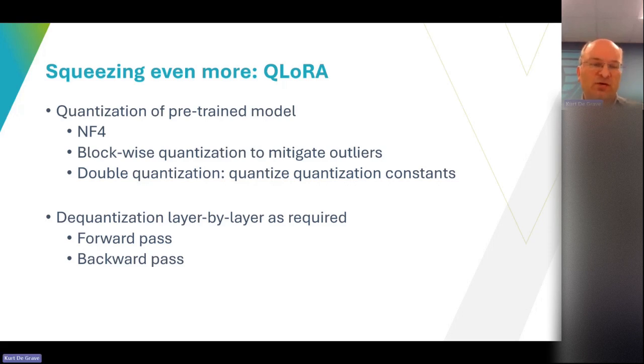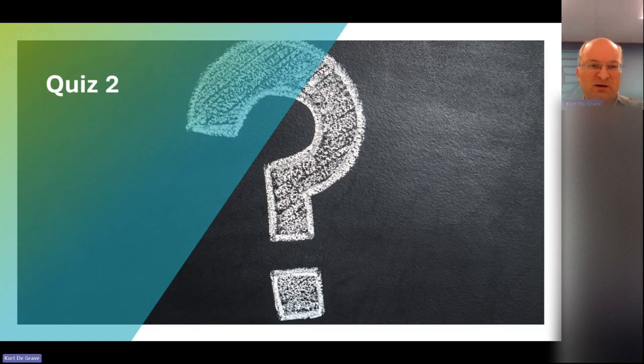You can do two levels of quantization, where you quantize your scale factors and your offsets. And then you dequantize as you pass by a layer, just in time, which reduces memory use again.